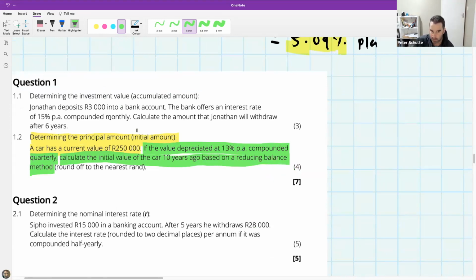You are trying to find the initial amount. They've given you the book value, or the A value. And when you deal with depreciation, you're also going to have to deal with time periods that are appropriate for the calculation. So I'm going to let you start on this, and as I get questions, I'm going to help you out. Okay.